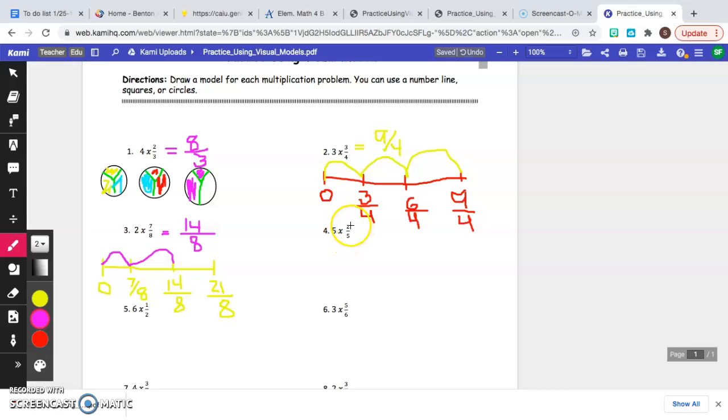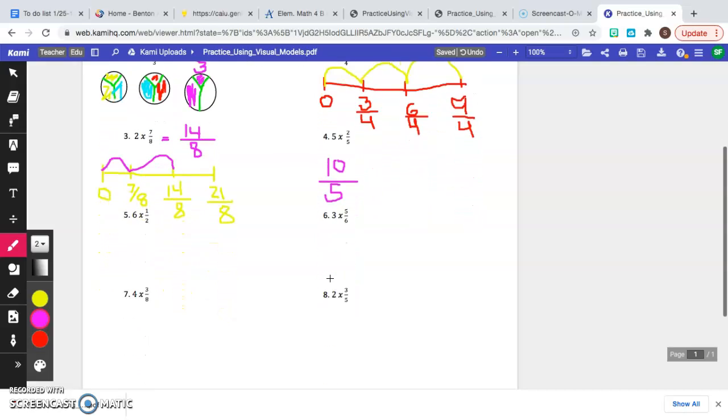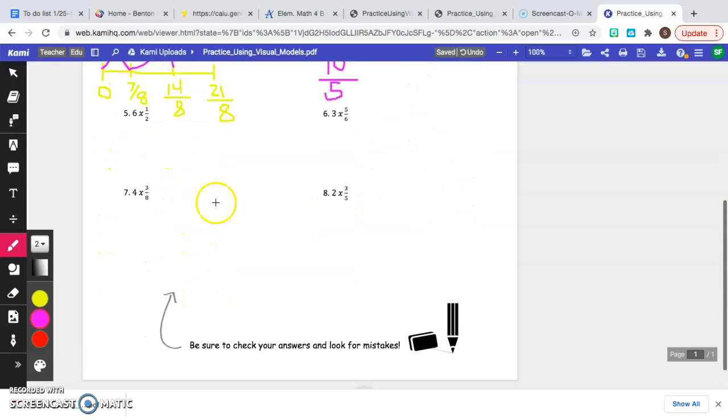So 5 times 2, because you're multiplying it by that top number. So 5, 10. So it would be 10, and then that denominator stays the same, fifths. Okay, so now I want you to finish and do 5, 6, 7, and 8, and then make sure you submit it in your Dropbox in AE, and I'll grade it.